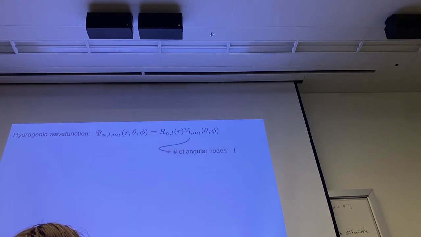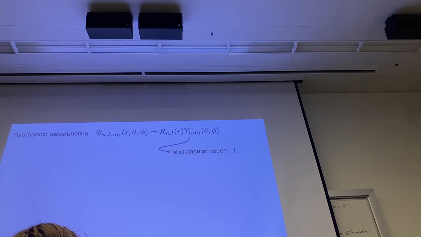The number of angular nodes equals L. So when L goes up, I have more angular nodes. That's why the p orbitals, L equals 1, have one angular node. The d orbitals, L equals 2, have two angular nodes, and maybe you can see that from the pictures already.